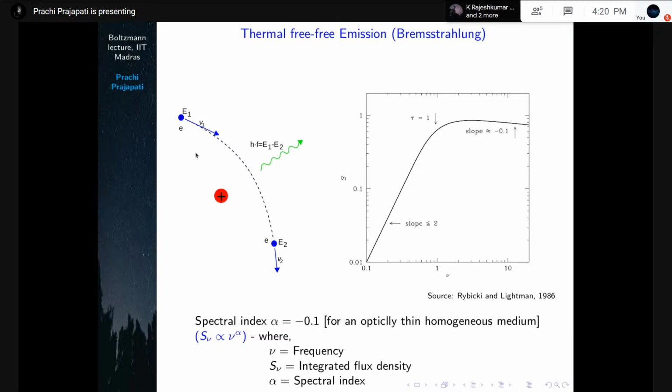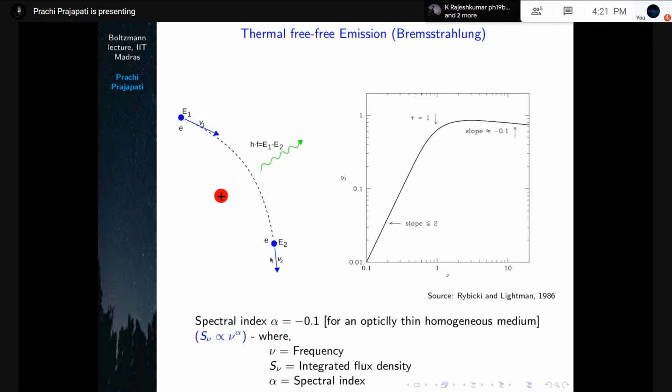Why it's called free is because this kind of emission is generally seen in a medium where ionized gas exists. We know that in the ionized phase we have electrons and some kind of ions. So when an electron is moving at, let's say, velocity v1, and it reaches near the ion, its path gets deflected, the direction changes, and it attains a different velocity.